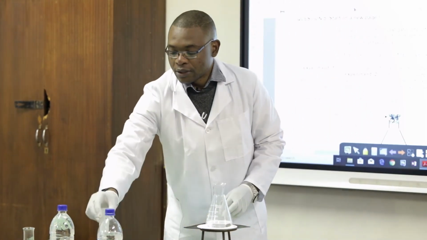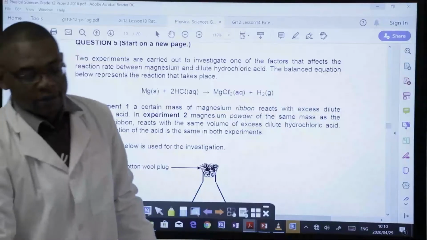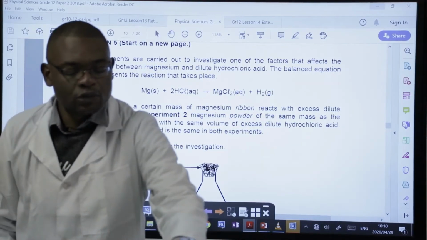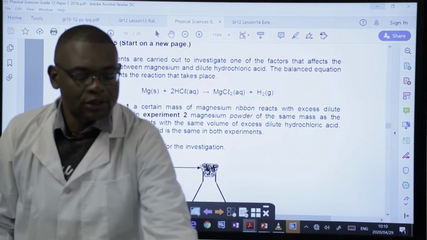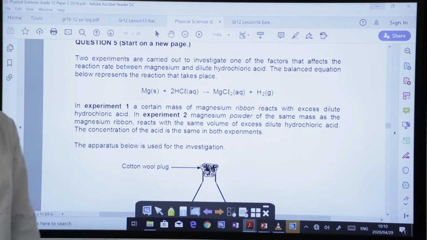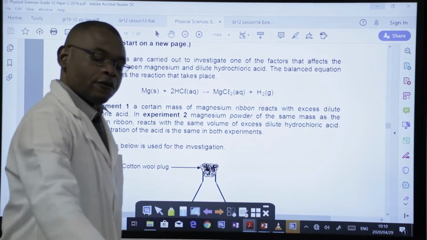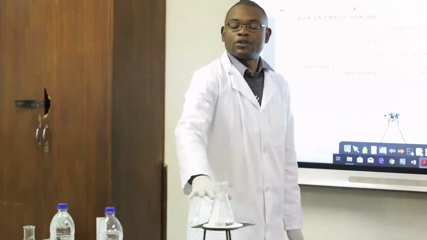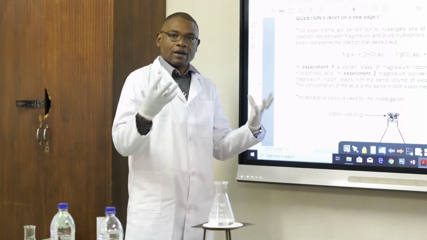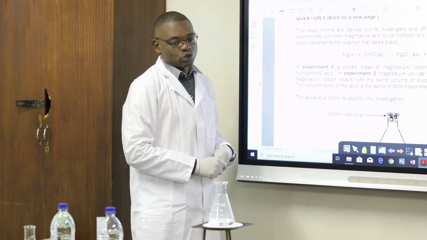Right. So, just to repeat the observation we made on the previous experiment, we saw that when I put in the magnesium ribbon there, it floated for a while on the surface before we started seeing some bubbles coming up, and the bubbles were coming slowly until they were vigorously liberated from the solution.